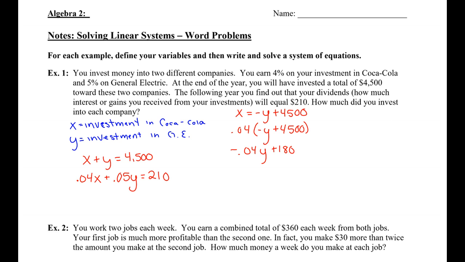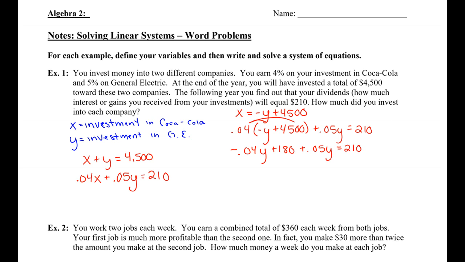And then we need the rest of this equation, which was the 0.05y equals 210. So this first part here came from distributing the 0.04 to both terms. I'm now going to add on the second part of the equation and combine like terms and solve for y.